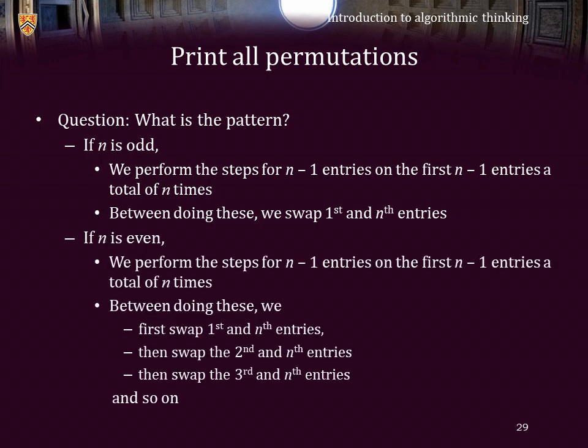But if n is even, we will perform the steps for n-1 entries on the first n-1 entries, a total of n times, but between doing these, we don't swap the first and last. Instead, first we swap the first and last. Between the next sequence, we swap the second and the last, then the third and last, and so on and so forth, up until we're swapping the last 2 entries.